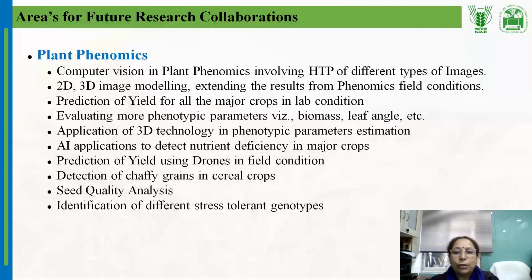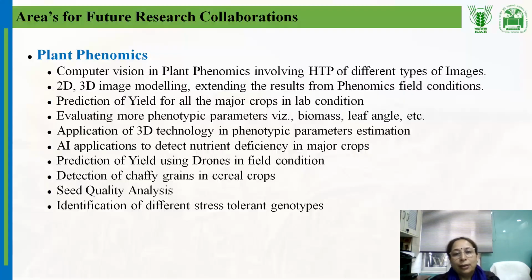Nowadays a lot of cameras are also available, for example the LiDAR camera, and there are other cameras also, with the help of which you can capture 3D images. There are also certain technologies and methods using which you can convert your 2D image into a 3D image. So we are working on both these aspects.